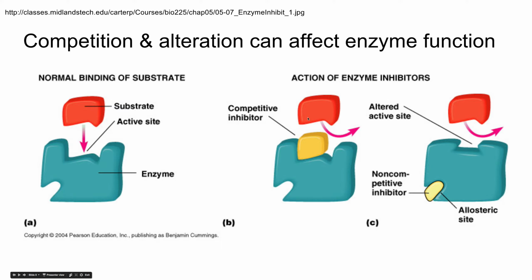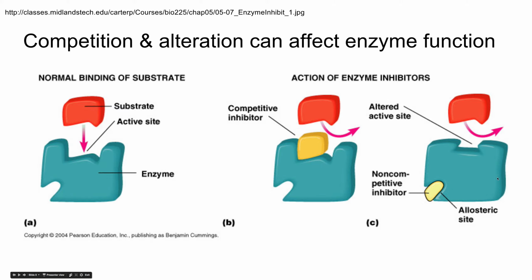But that's only one way I can mess with this. I could also just mess with the protein other ways. So there are things that we call non-competitive inhibitors or allosteric inhibitors. That would be something else that can bind to the protein, and by binding the protein, I'm changing the environment.